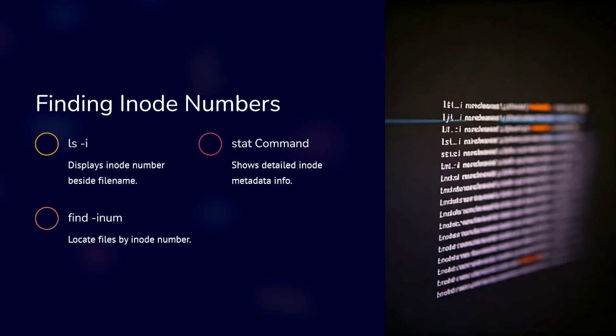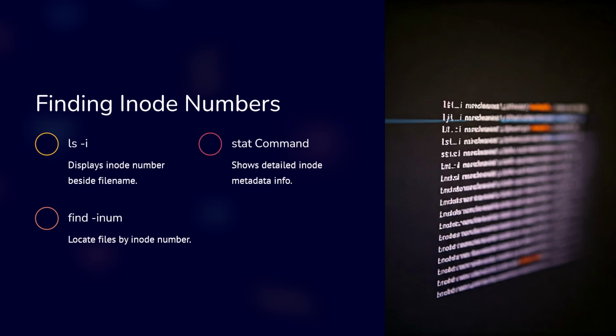Next one is finding inode numbers. First, ls space dash i. This command is used to find the inode number. It displays the number next to the file name.